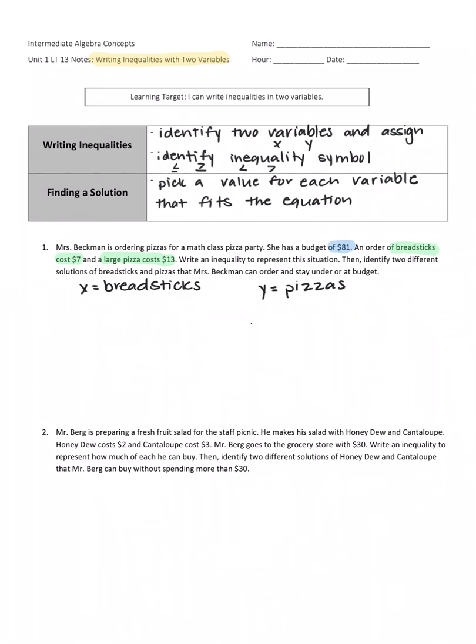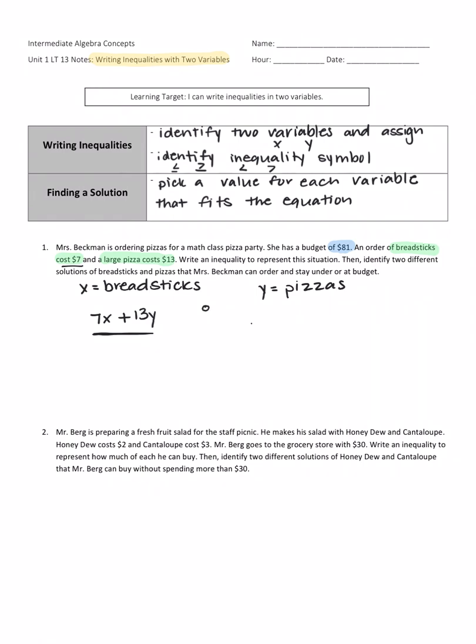Okay, when I look at how much the breadsticks were, it says breadsticks cost $7. So I'm going to say 7X, okay, plus we're going to add in our pizzas. Our pizzas were 13, so I'm going to say 13Y, okay, and it says that she has to stay under her budget. So everything on this side of the equation has to be less than her $81.